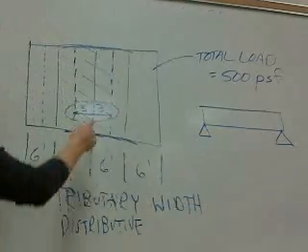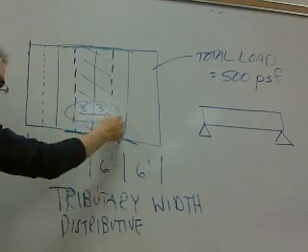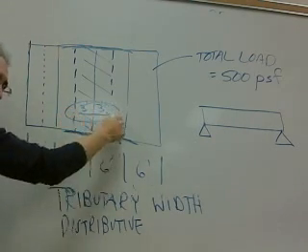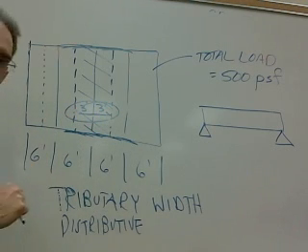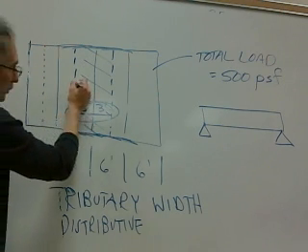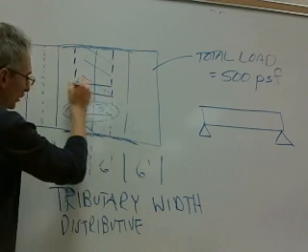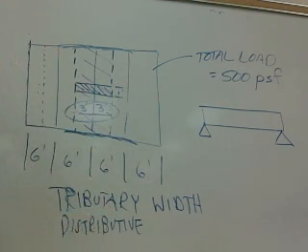So what if this was carrying 6 feet of distributive or tributary width, and each square foot was 500 pounds, how much load is being carried on just a 1 foot strip right here?